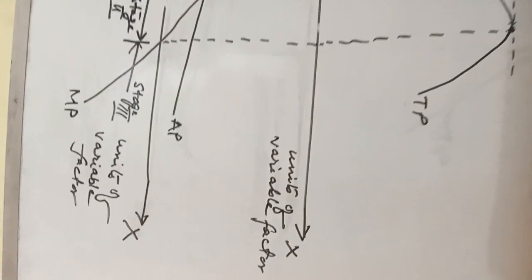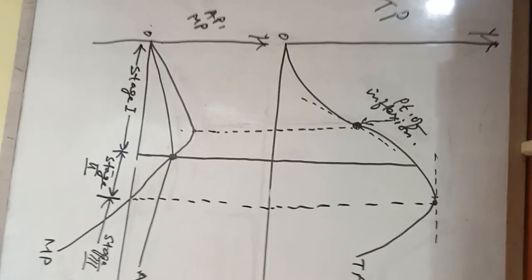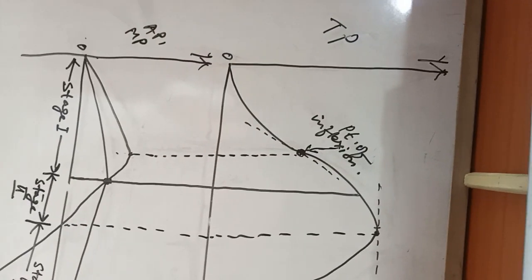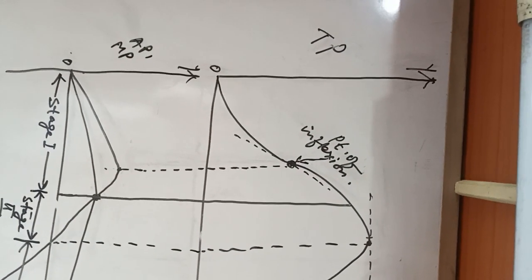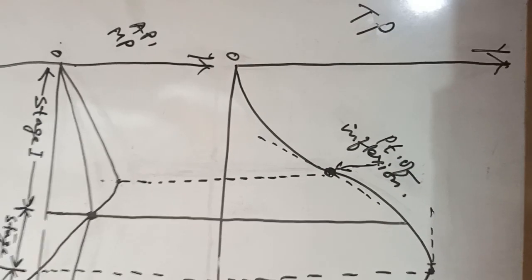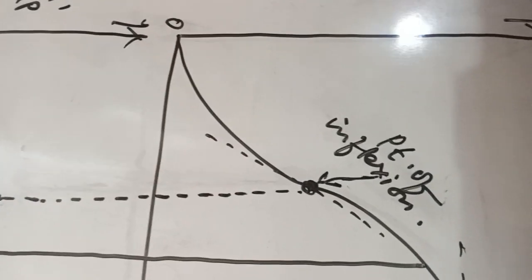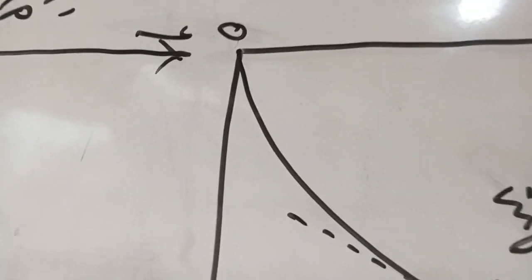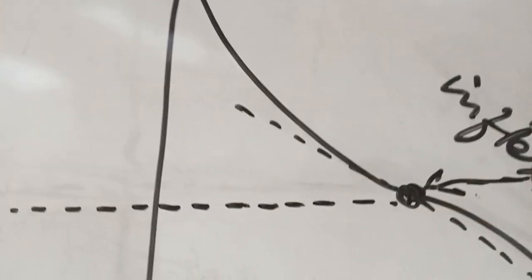Along the x-axis we measure again units of variable factor, meaning labor. Now, I said while stating the law that initially total product increases at an increasing rate. See, from zero at the origin, it increases at an increasing rate.